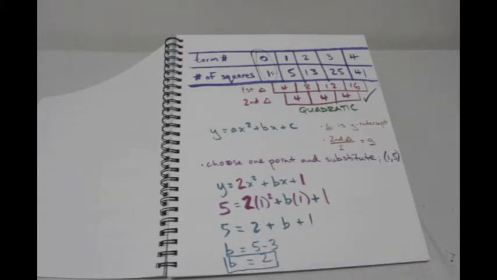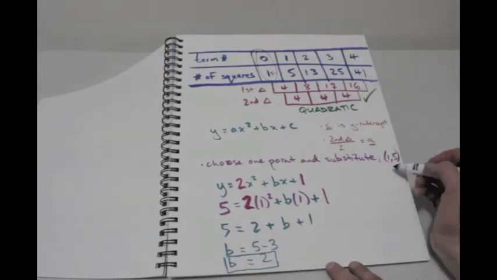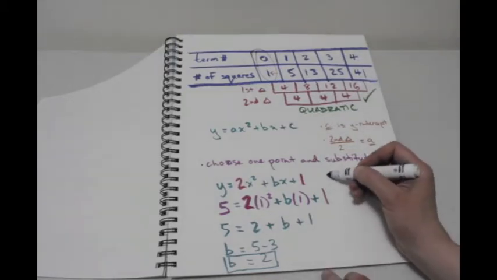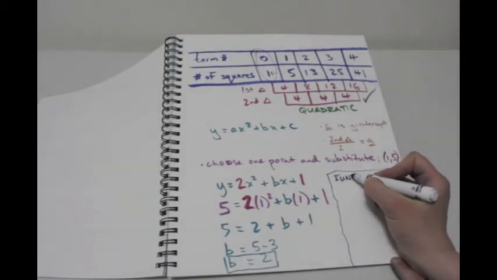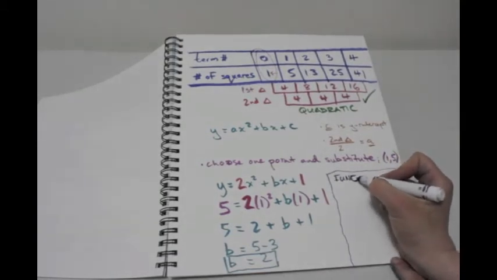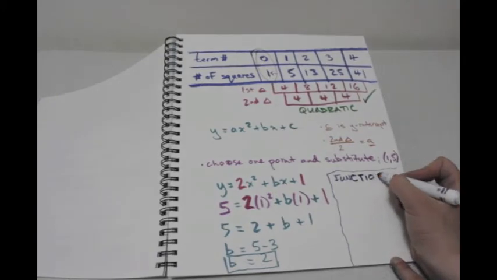So the function that models this relationship, which we can use to find the 100th term, which I won't do right now because you would know how to use this, no problem, is the following function. Just bracket this off. There, I think we need a c.